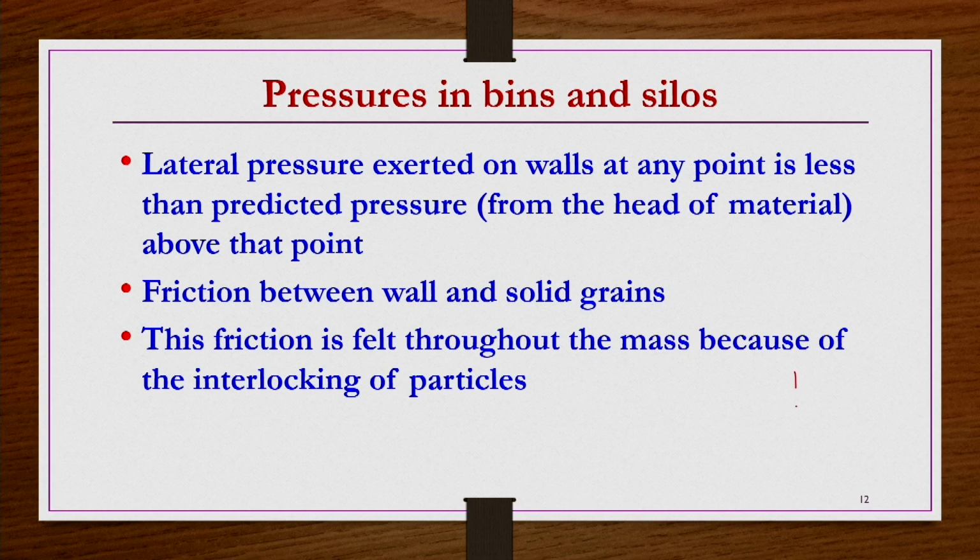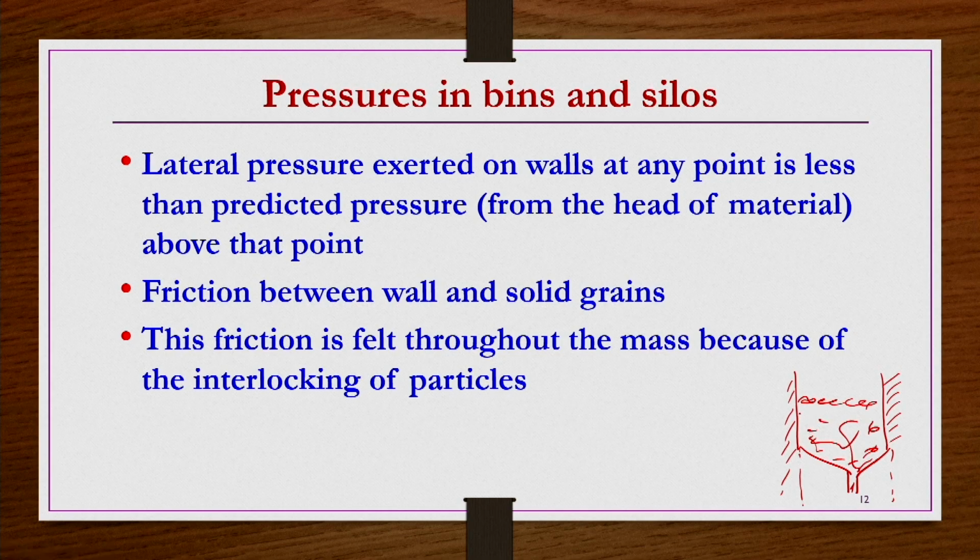Let us say we have a container like this, and these are given support by the foundation here. Now in this hopper we have solid material, and then there is a bottom. Let me make some space here.